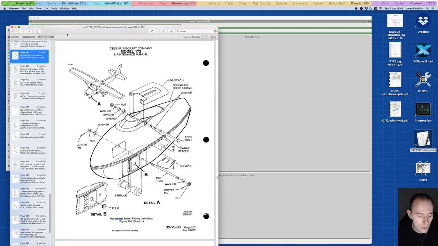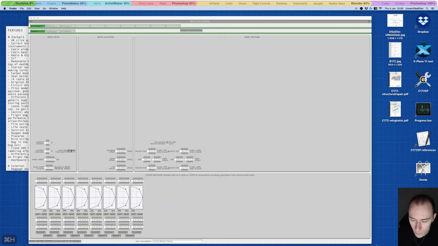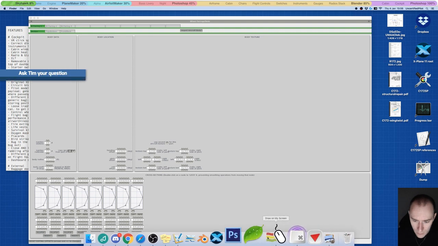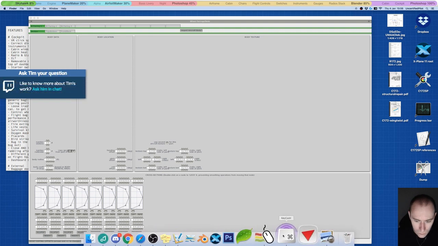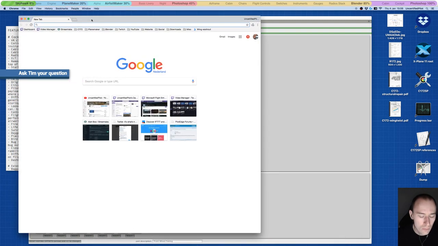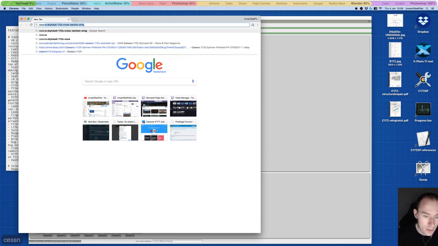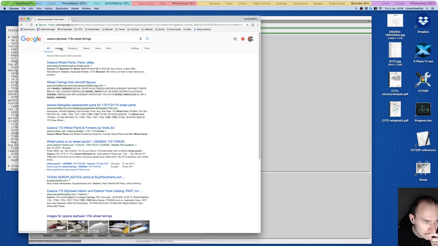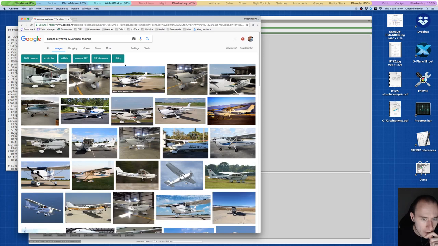Just keep this one. Cessna Skyhawk, wheel fairings, images.